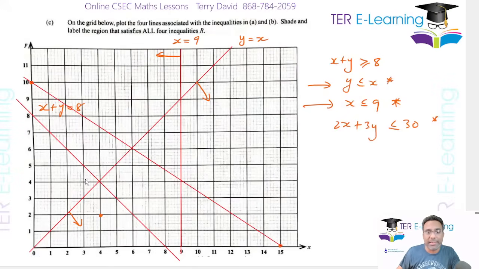The next one I need to do. So this line here is 2x plus 3y is equal to 30. Let me check this one. x plus y is equal to 8. That is this line here. I can choose 0, 0 as my test point.